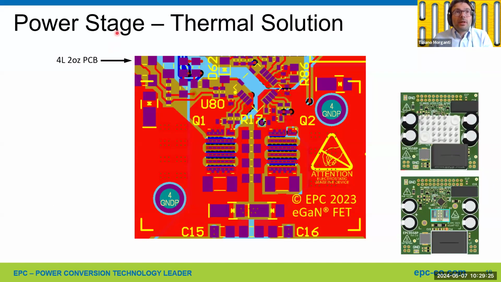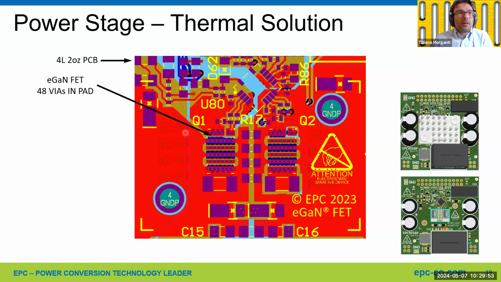In terms of the thermal design, the 2 ounce copper is helping to spread the heat from the device. On the top side, you can see the copper polygons from the high side device and the low side device. And then we have a lot of via-in-pad that are bringing the heat to the inner layers of the PCB.